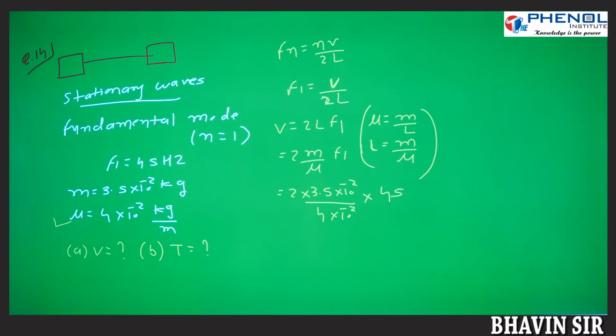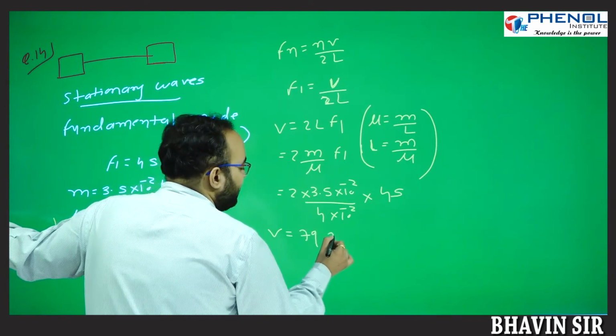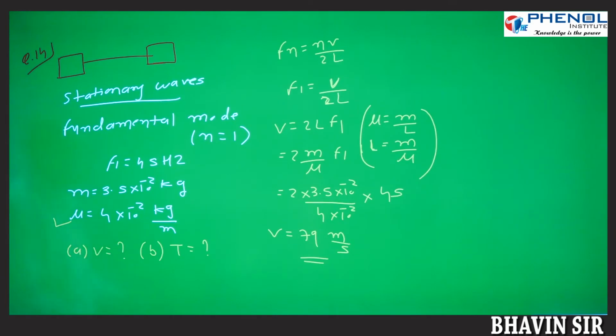Chalo, so what is the answer, students? 2 into 3.5, so it is 7. Then 7 into 45, 315 divided by 4. So we get, rounded up, 79. So what is the answer? 79 meter per second. So we get the speed.